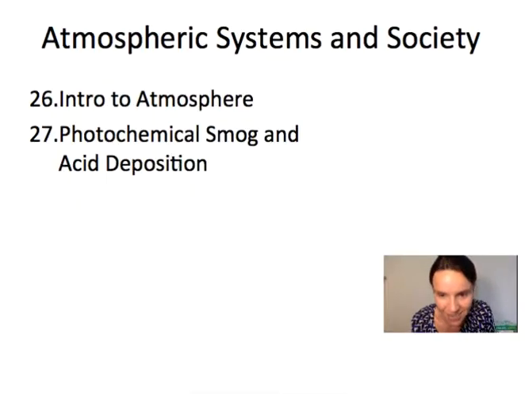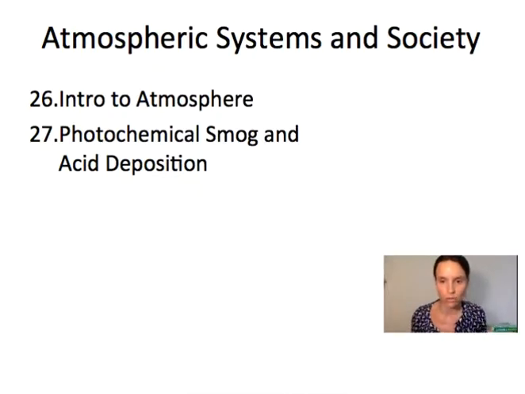We do the same thing for atmosphere. You'll notice that this unit is a little bit shorter. Introduction to Atmosphere is all about the composition and structure of the atmosphere. And then photochemical smog and acid deposition deal a little bit with the history of pollution in the atmosphere.